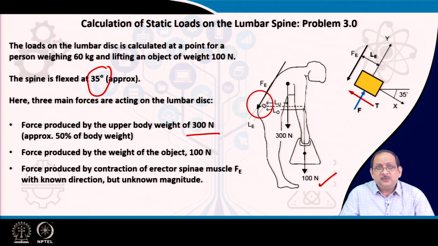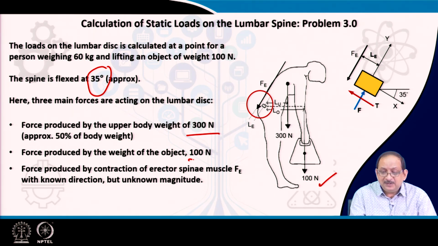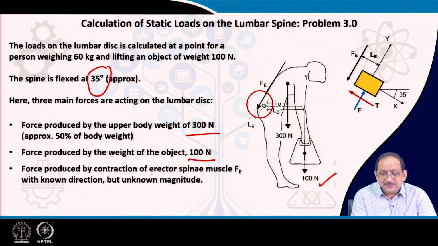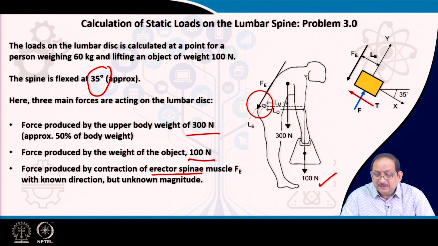The second is the force produced by the weight of the object, that is 100 Newton. And the third is the force produced by the contraction of the erector spinae muscle, indicated by the force Fe here in the free body diagram, with its direction known, but the magnitude of this force is unknown.